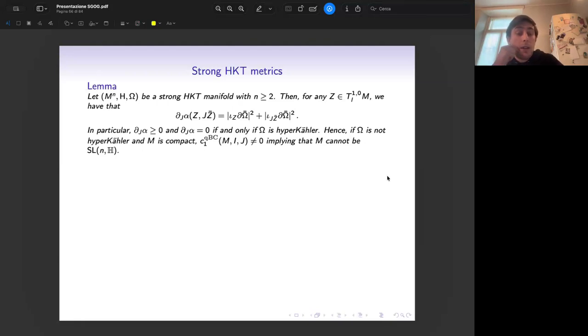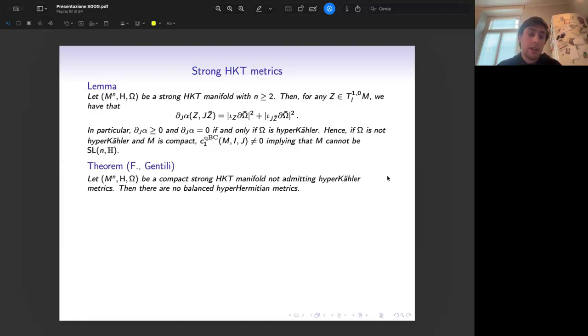But this lemma allows us to answer the question that I posed before, saying that on a compact strong HKT manifold which is not hyperkähler, there cannot be any balanced hyper-Hermitian metric.